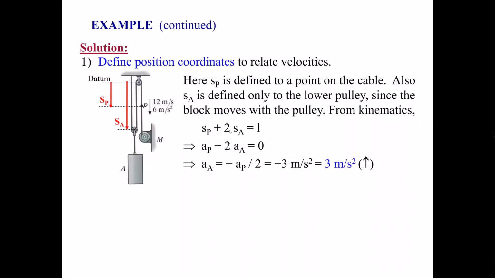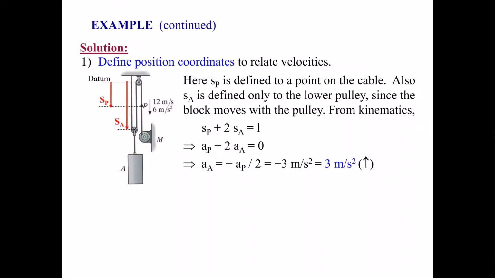So this is L. What it says is that basically SP plus 2 times SA gives us the length, and it's really the length from here down to point P, regardless of whatever's going on here. But what it's really telling you is the relationship between these two.